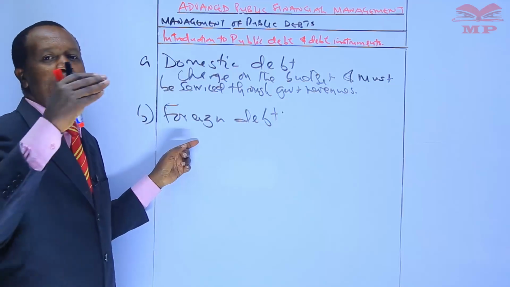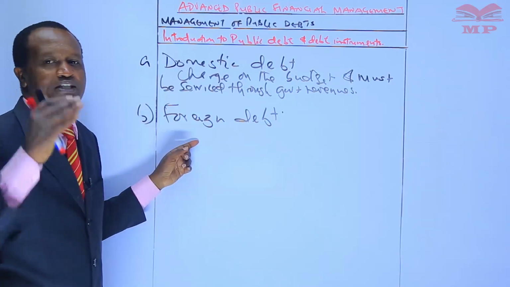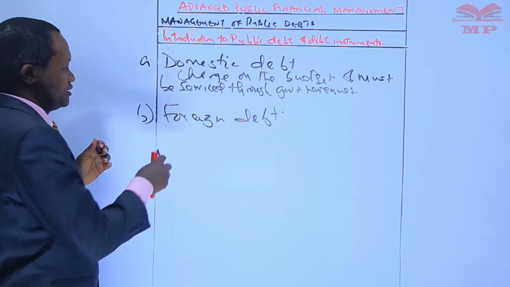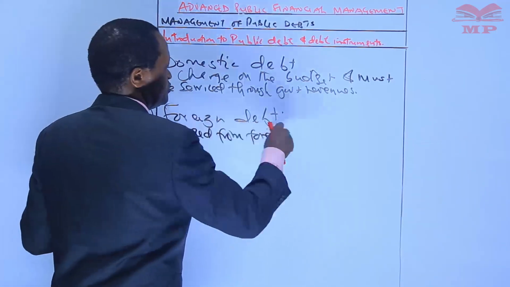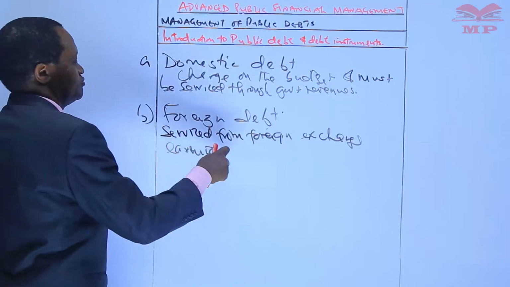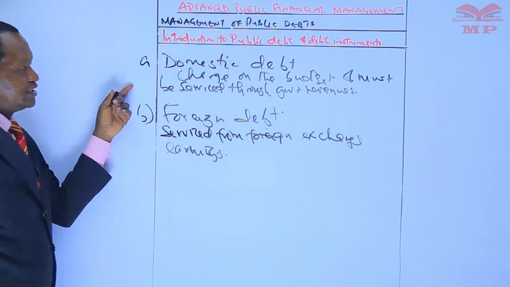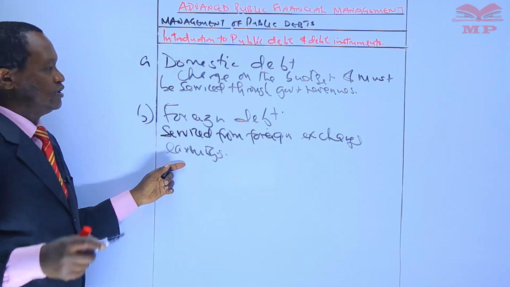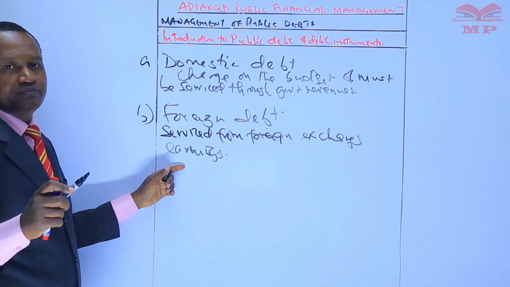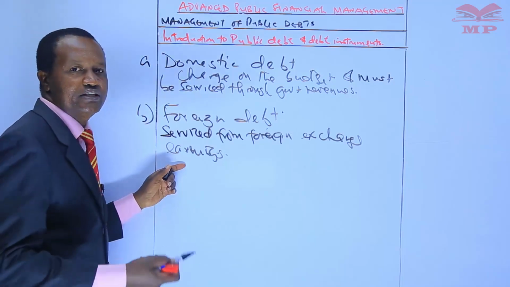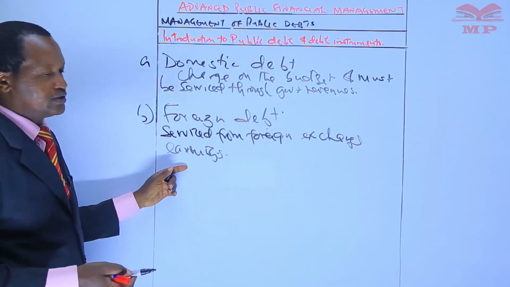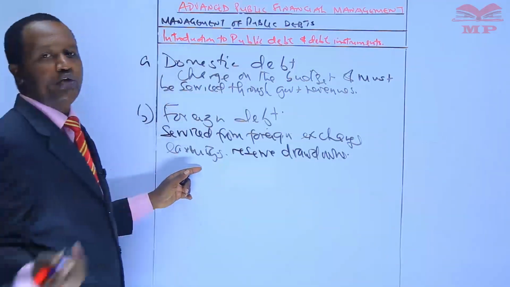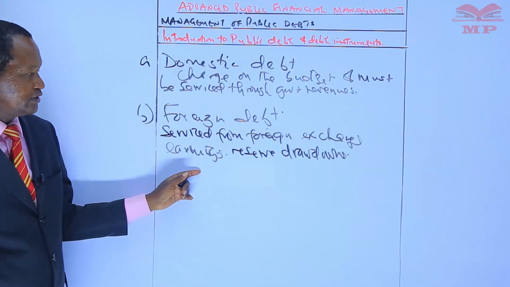It's a charge on balance of payments and must be serviced from foreign exchange earnings. Domestic debt is serviced through government revenues, whereas foreign debt is serviced through foreign exchange earnings. It could be serviced through reserve drawdowns, or additional borrowings.